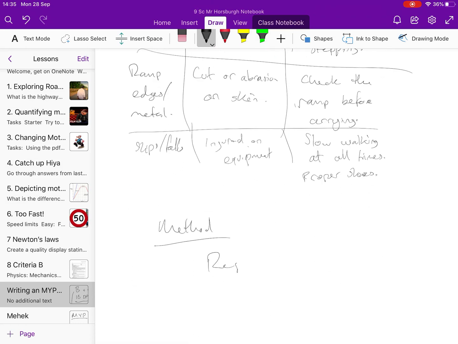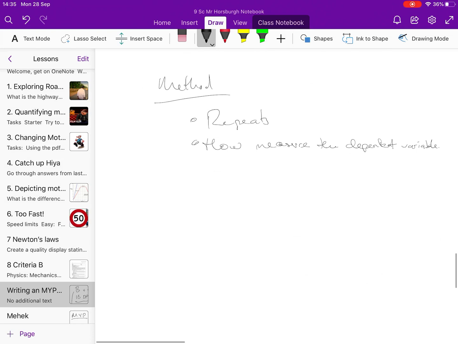You want to make sure you talk about how many repeats you'll do, how you will measure the dependent variable, and you want to talk about then processing data.